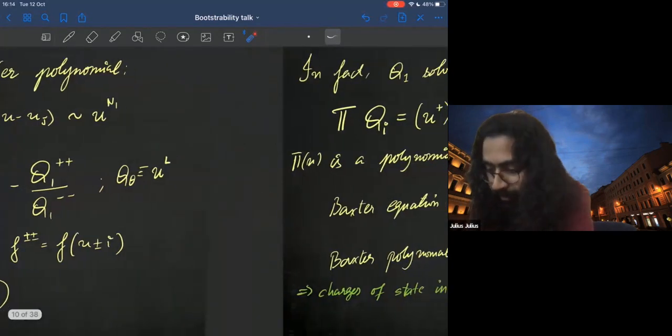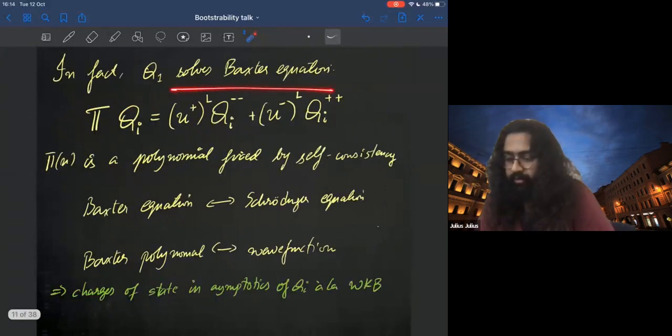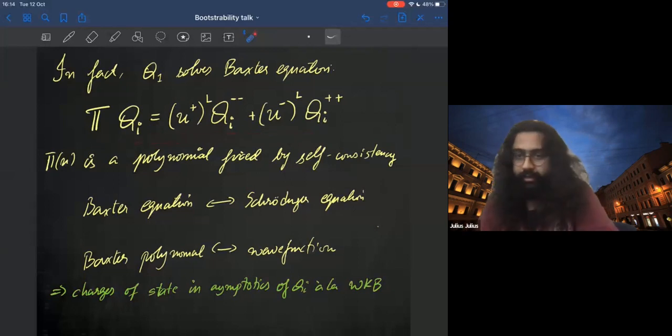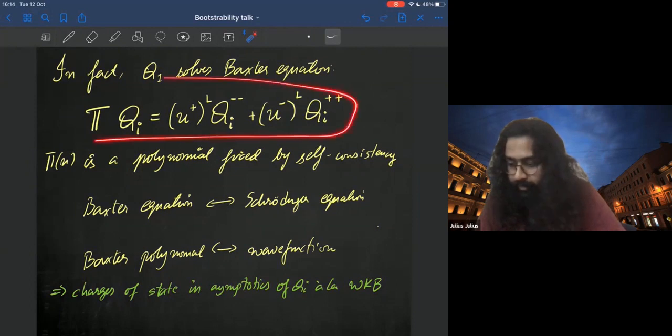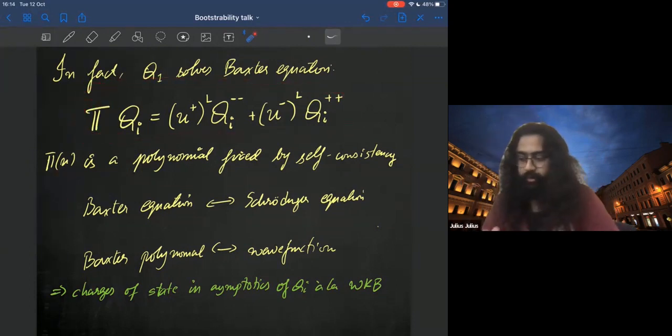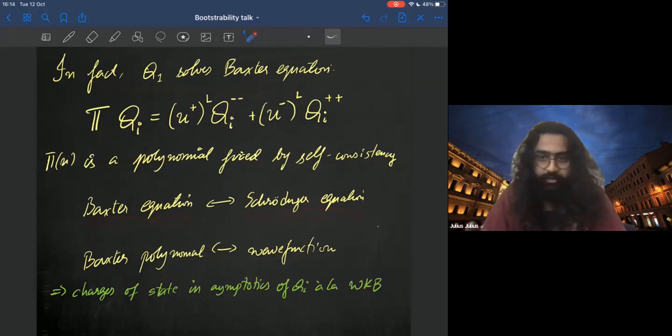The important thing is that these Baxter polynomials actually solve a Baxter equation for the sp2 spin chain. It is an order 2 finite difference equation given over here, where t of u is just a polynomial which is fixed by self-consistency. The cool part is that the Baxter equation basically behaves as the analog of the Schrodinger equation for this sp2 spin chain.